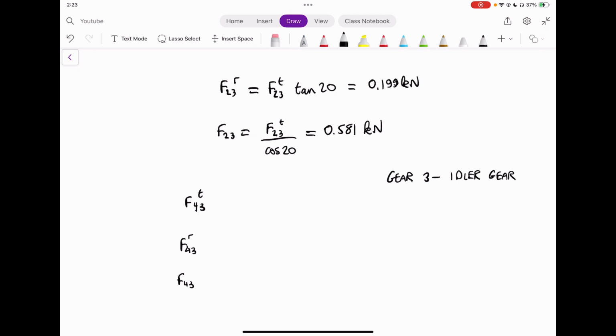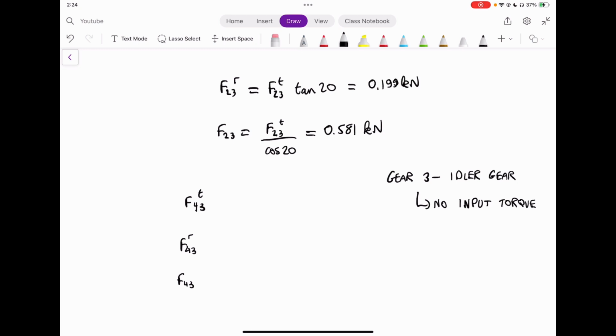What we typically say is the idler gear has no input torque. There is no torque being input. Essentially, it just transfers power throughout because there's two contact points: one contact point that receives the torque and one contact point that gives out the torque to the next gear.